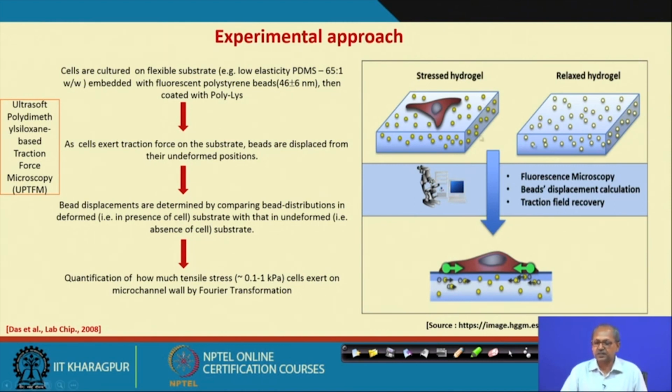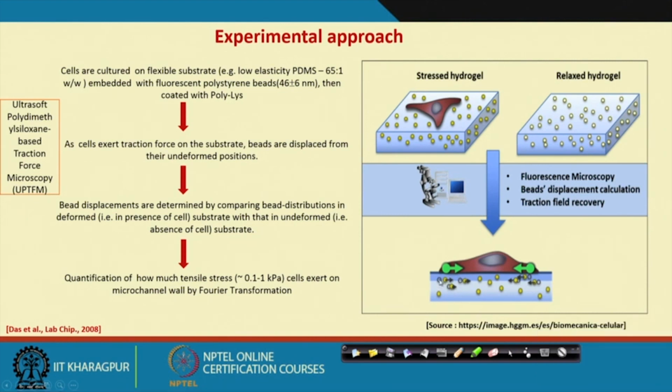Here you can see the relaxed hydrogel and the stressed hydrogel, where the fluorescent beads are displaced. Then we remove the cells by trypsinization, or you can use flow to peel off the cells, and we again take the image of the fluorescent beads.